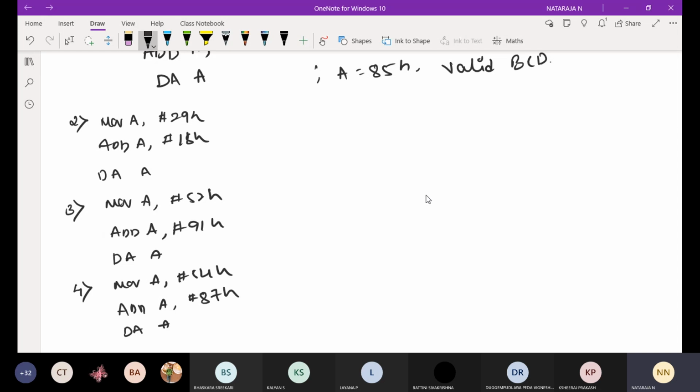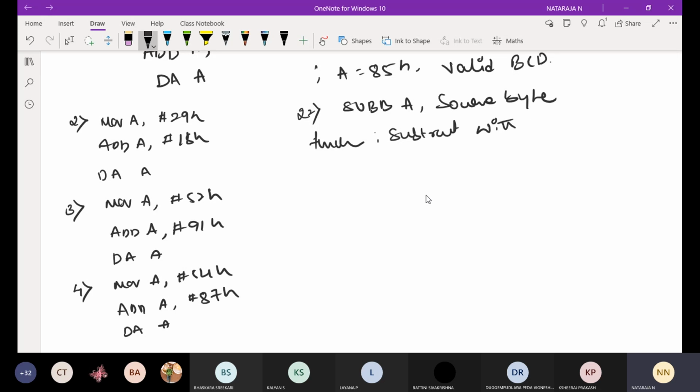Okay, we'll move to the next instruction, that is subtraction with borrow of accumulator. Instruction number 22, I think. SUBB A, source byte. The function is subtract with borrow.